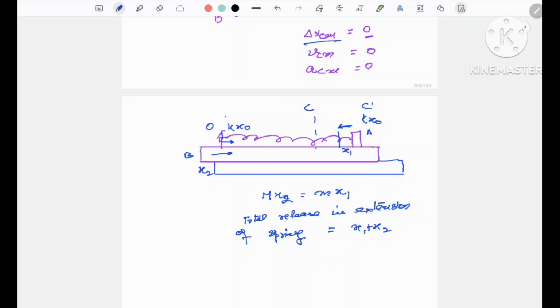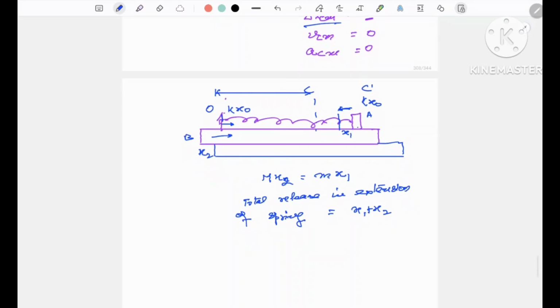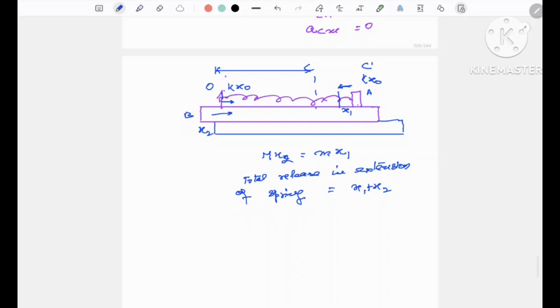At some time t, the length of the spring becomes equal to this OC. In that condition, suppose the movement of A is A1 and the movement of B is A2, and this will equal x dot.